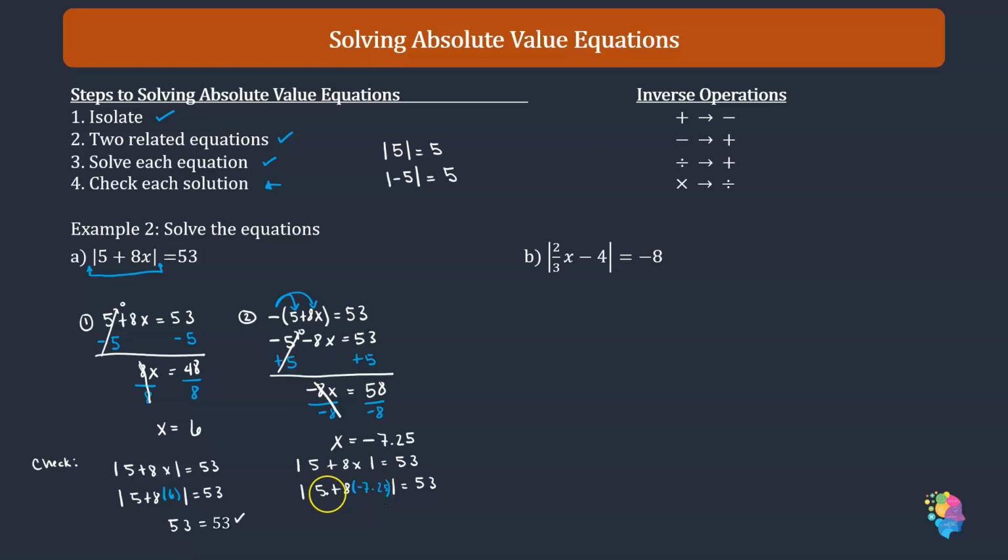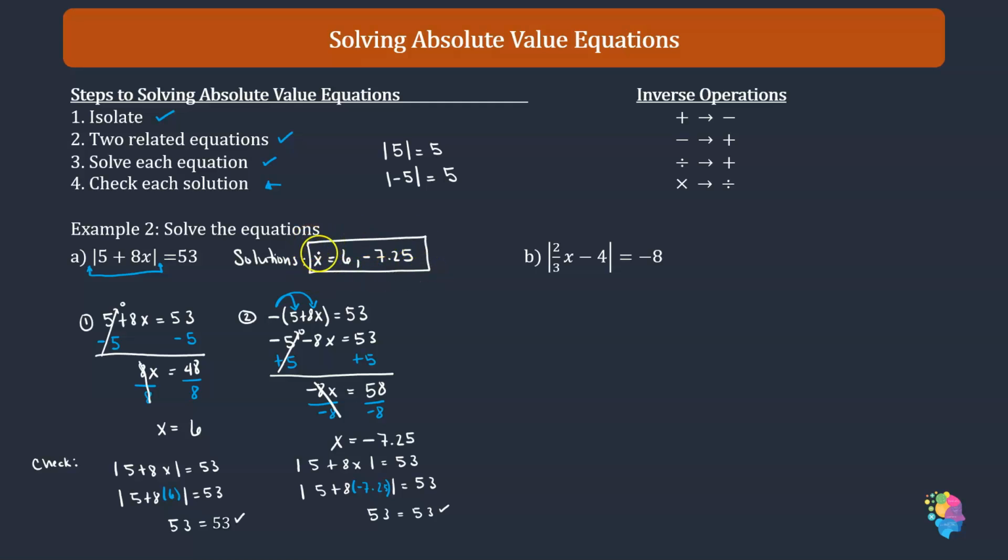Plus 5 is going to be negative 53. But the absolute value of negative 53 is also 53. So then this one also checks out. That means that the solutions for 2a are going to be x is equal to 6 or negative 7.25.